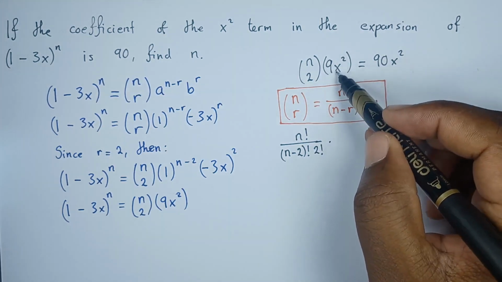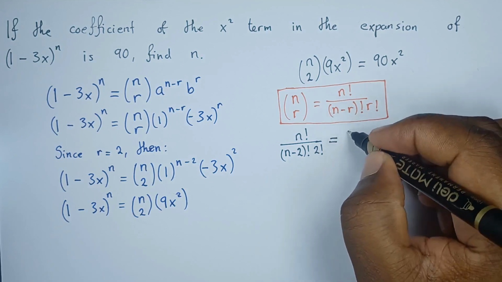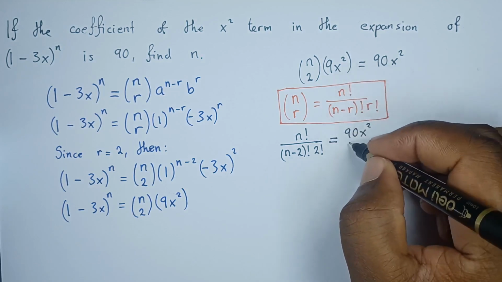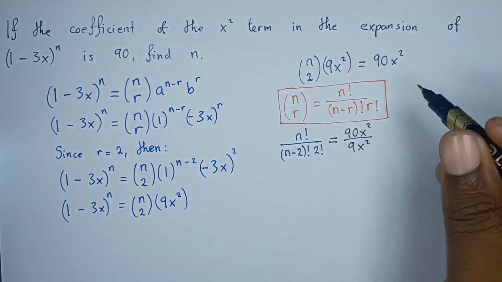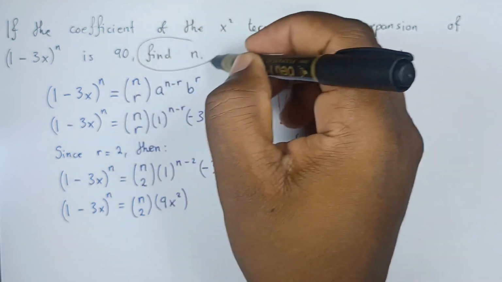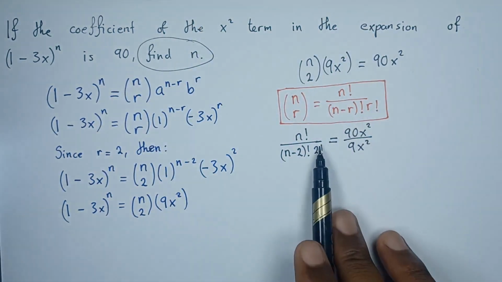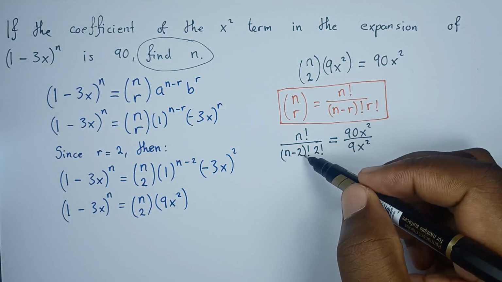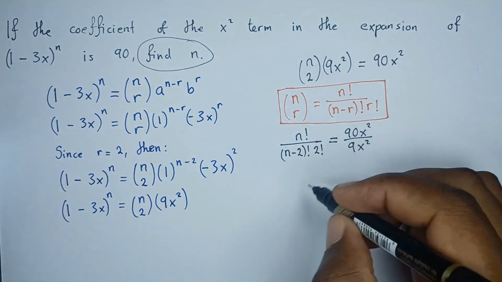this 9x squared. Let's push it to the other side. So we can just say all this is equal to 90x squared divided by 9x squared. Because remember, we're looking for the value of n. So this 9x squared we just push to the other side. The combination is what we have here. So since we have n minus 2, let's reduce this combination to look like n minus 2.